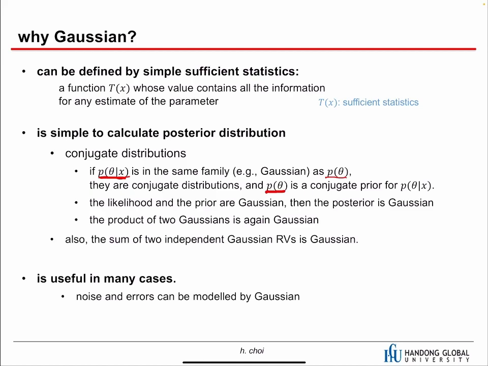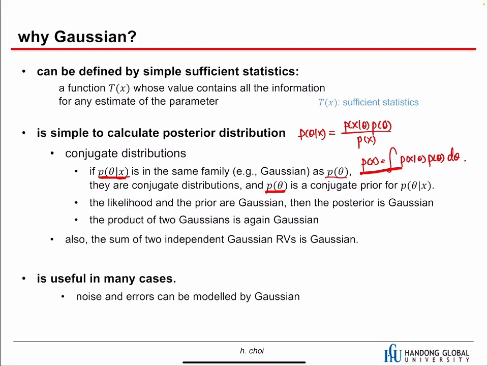To remind you of Bayes' rule, let me put the equation here. P of theta given x is p of x given theta times p of theta, over p of x. And p of x is usually computed using the likelihood and the prior over theta.